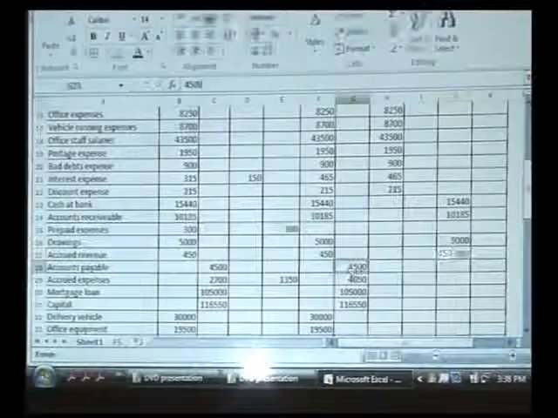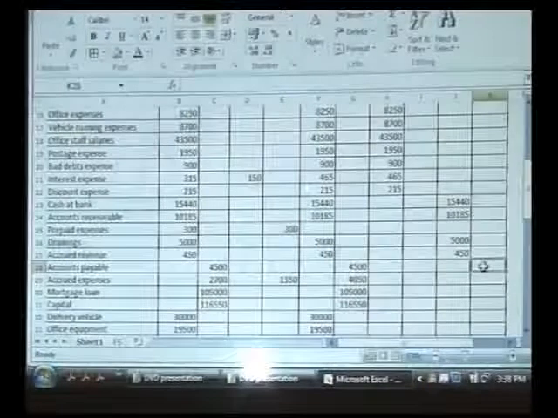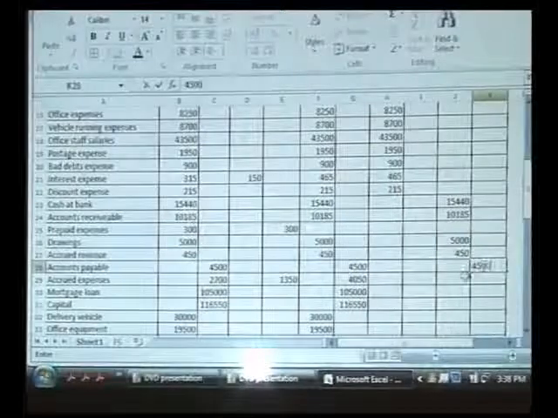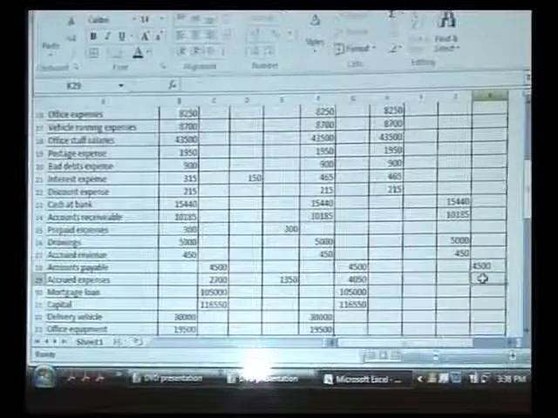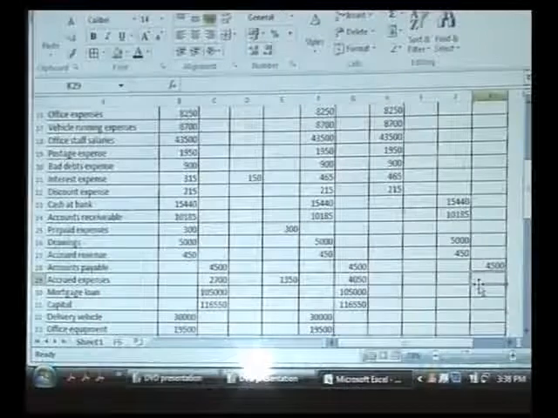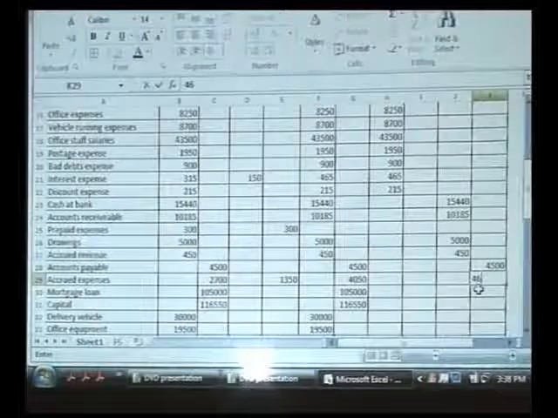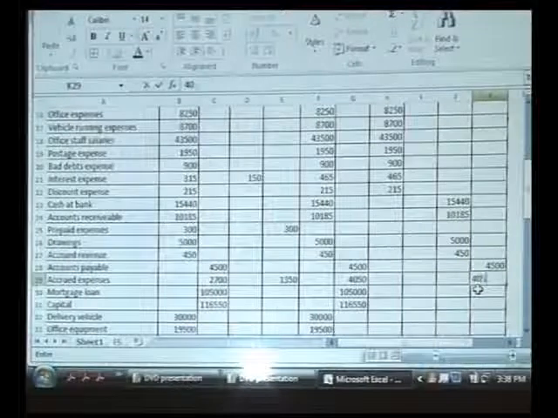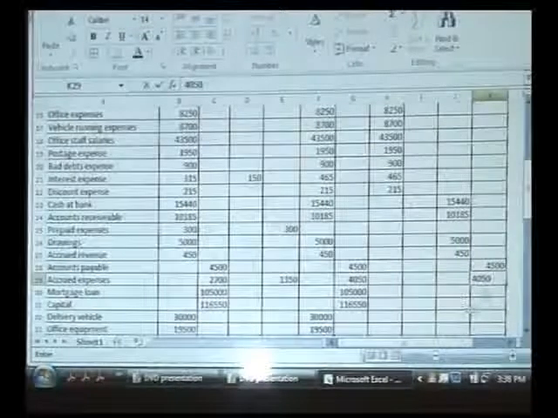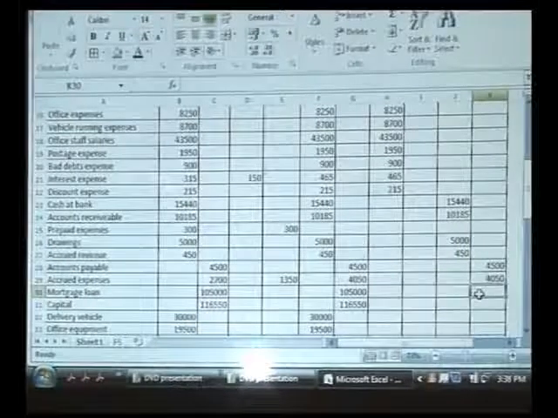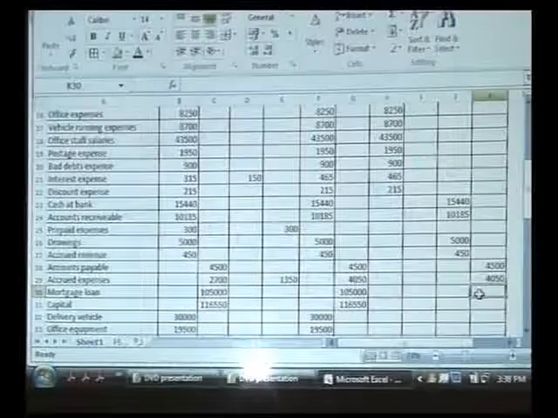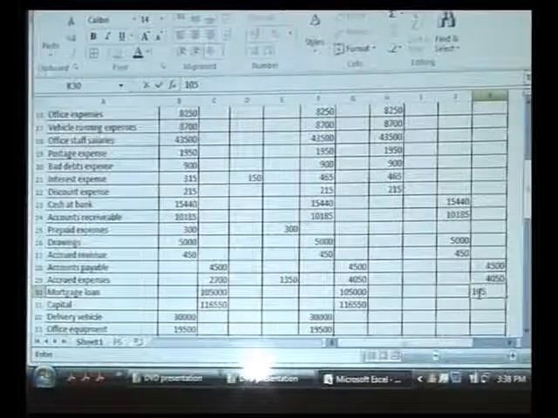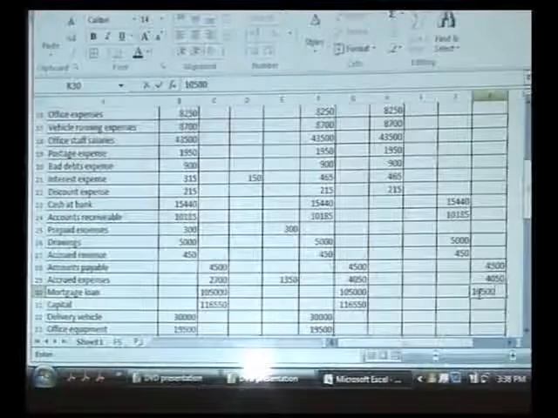And next, accounts payable is a liability, therefore a credit balance. Accrued expenses 4,050. Credit balance. Mortgage loan 105,000.